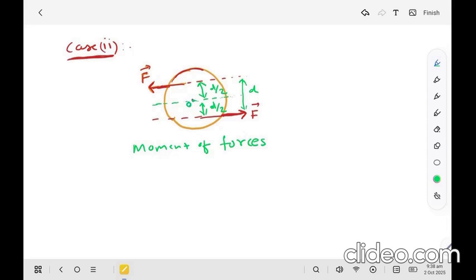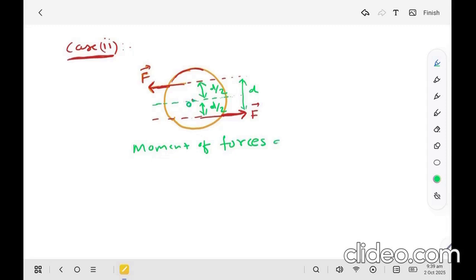Or we can say the perpendicular distance of the line of action of each force to point O is d by 2. Now I can estimate the moment of both forces about point O, because two forces are acting on this body.